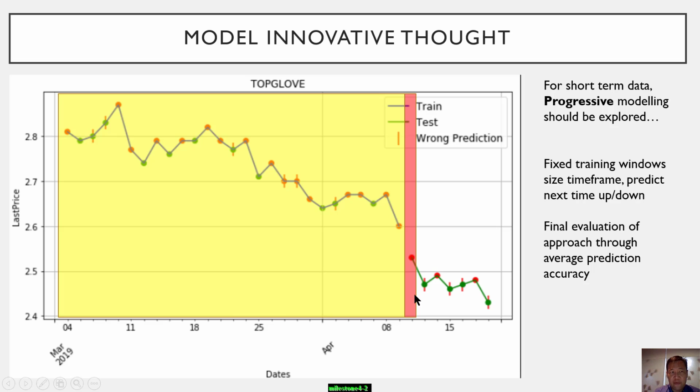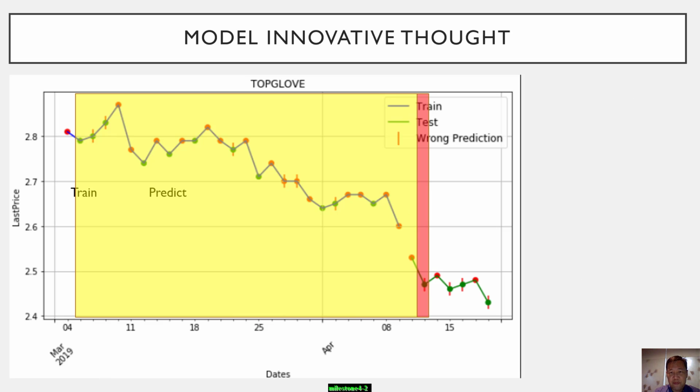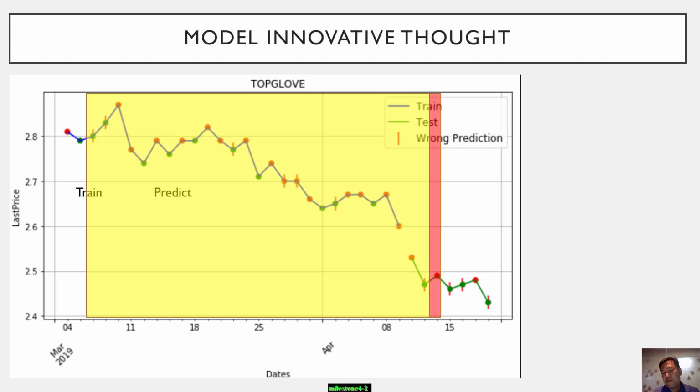We retrain the model, and we predict another next day, and we retrain the model based on the fixed window size, and retrain the next day, right? And we shall see whether, by going through all the test data sets here using this technique, we can give a better true positive prediction compared to our previous traditional machine learning method.